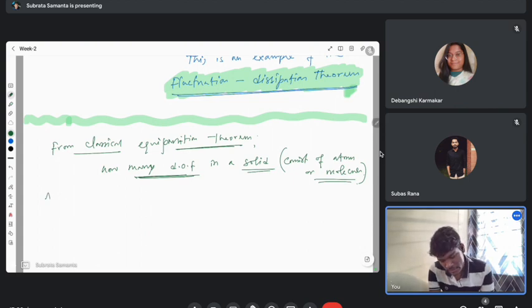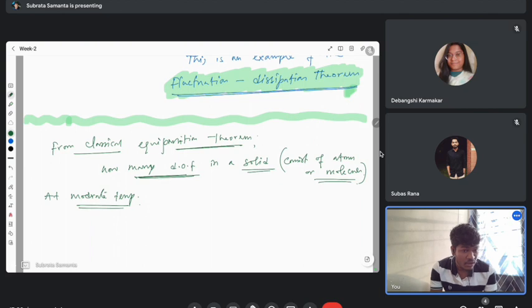At moderate temperatures the atom in a solid can vibrate in any of 3 directions.